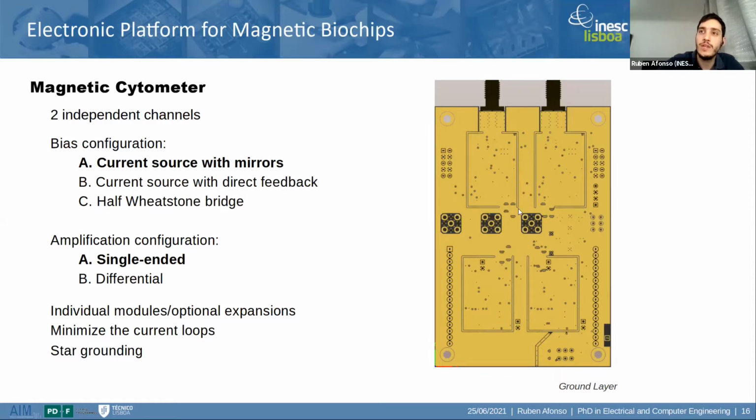So we are making at this point a star grounding scheme. This scheme prevents noise induced from one module from coupling to another. This is extremely important since we are dealing with low voltage signals at the input.